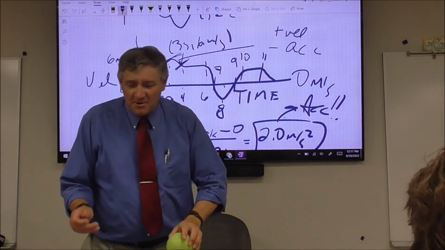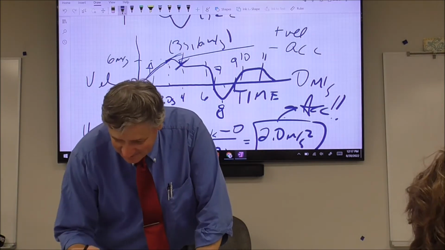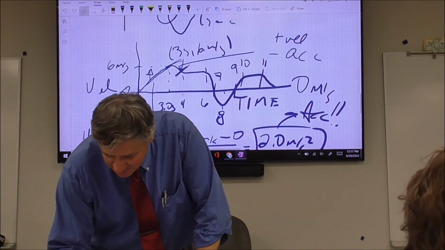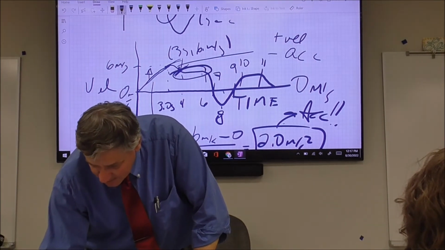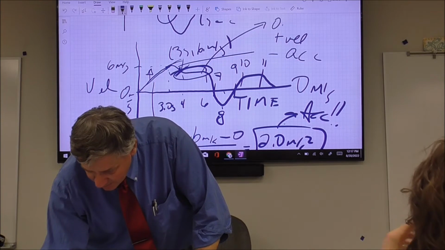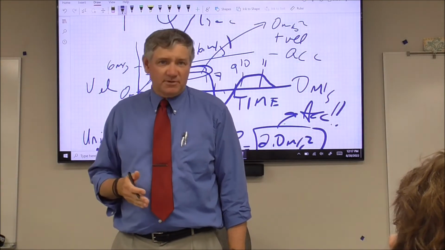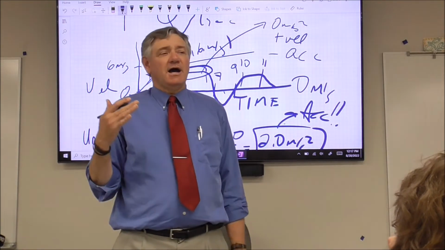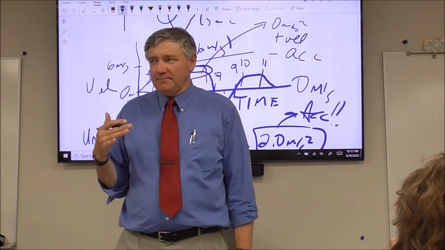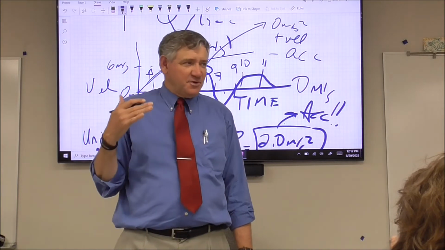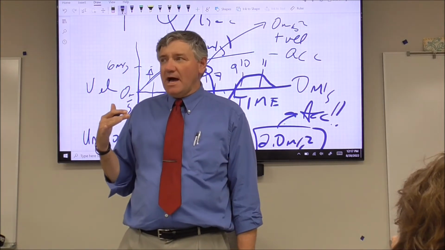Okay? So when you have a horizontal line, that means that you have no acceleration. By the way, 0 meters per second squared is not an acceleration. That's like saying, I have no money in the bank, but I have money. No. If your bank balance is 0, you have no money.